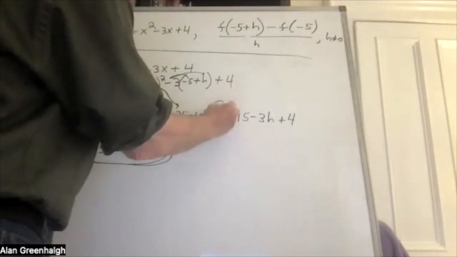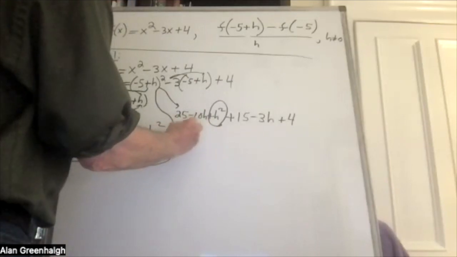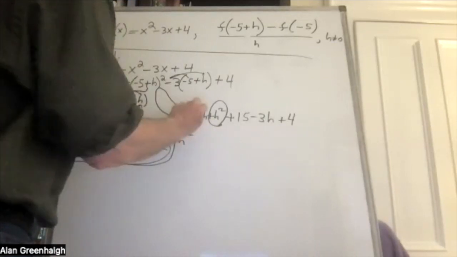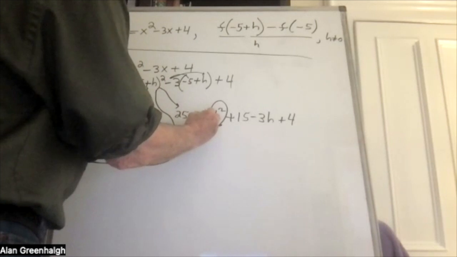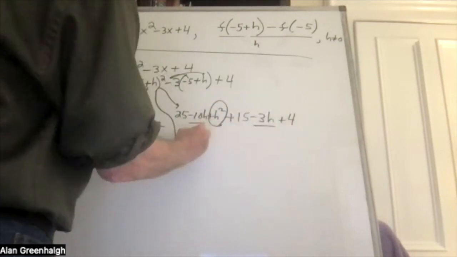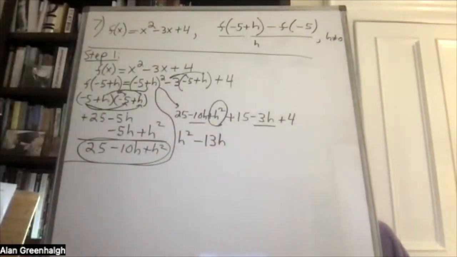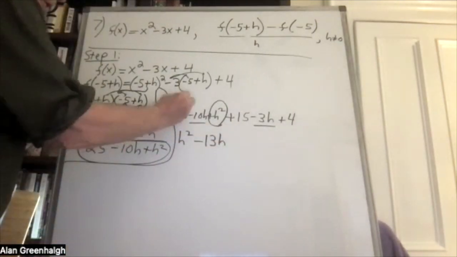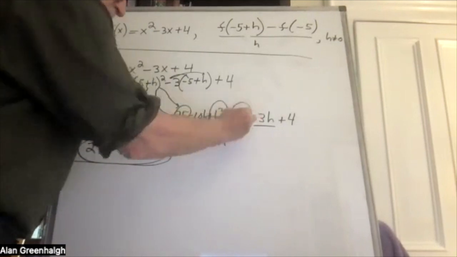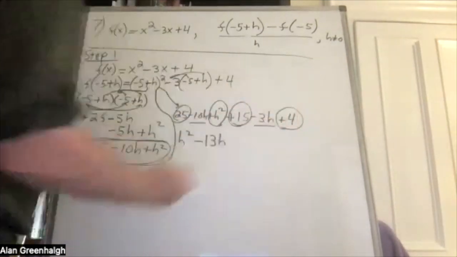So I'm taking the h squared and I'm putting it in front. Then I'm taking the negative 10h, the negative 3h. I get negative 13h. And then I'm adding 25, 15, and 4.